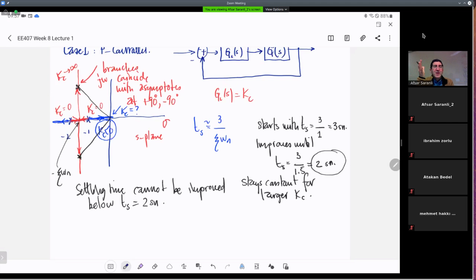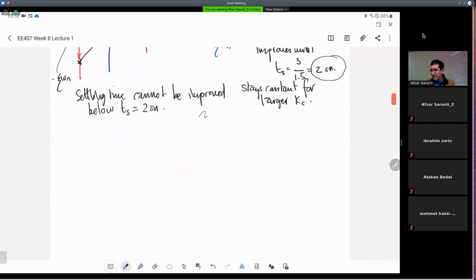So the system would always be unstable. So I would have been unable to stabilize this system with the proportional only controller. In this case, because the system is already stable, I can remain in the stable region and play around with the behavior of the system. But we see that settling time can only be improved until 2 seconds and no better. And we don't yet know what's happening with the steady state error. So what about steady state error?